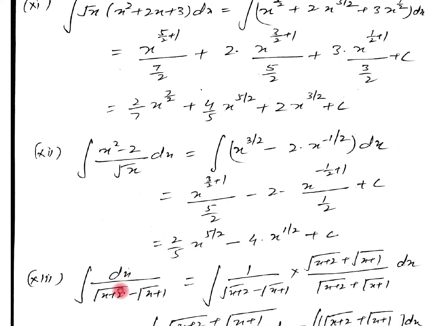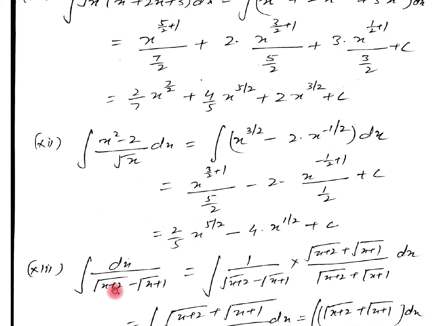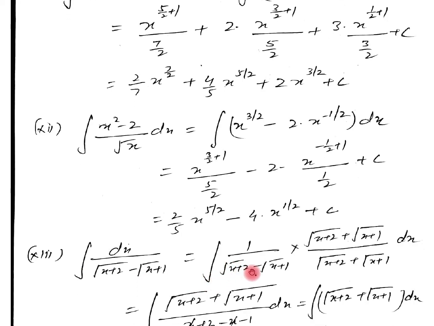Now here the question is the integral of dx upon under root x plus 2 minus under root x plus 1. Now from the 9th onward we are studying that whenever our denominator is irrational, we always have to rationalize it. So in the same way, our denominator is irrational, we have to rationalize it by taking, if it is minus there should be plus, if there is plus here it should be minus.